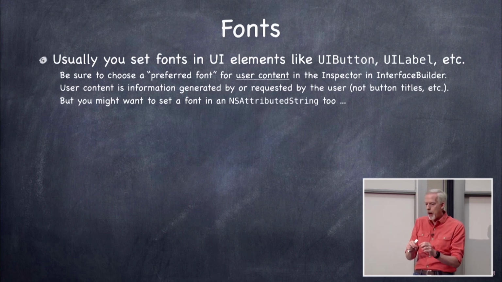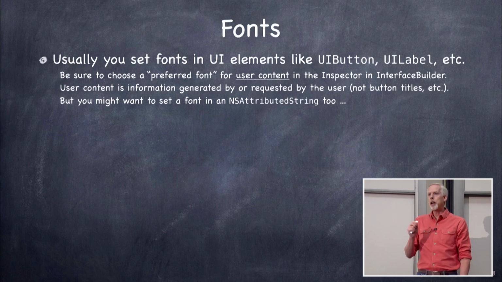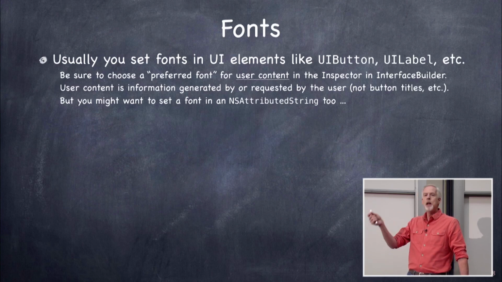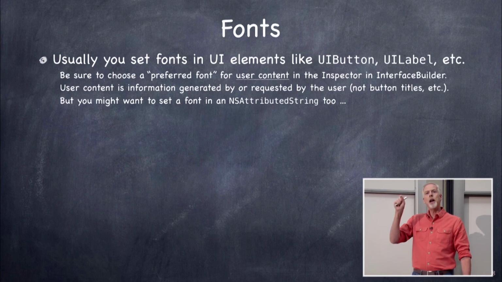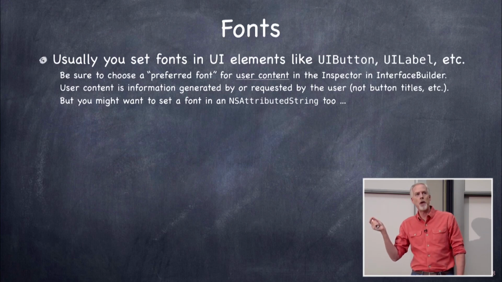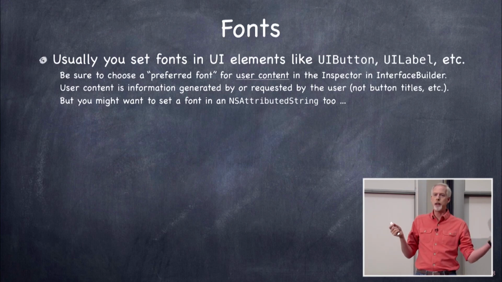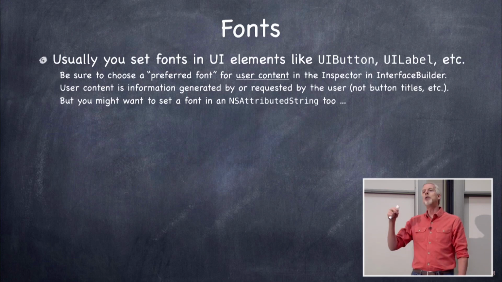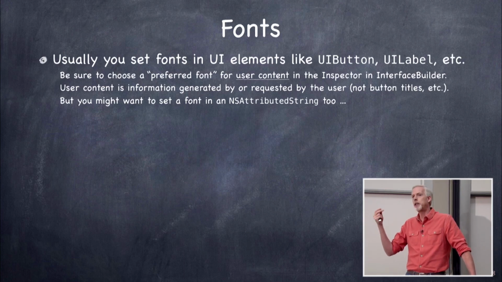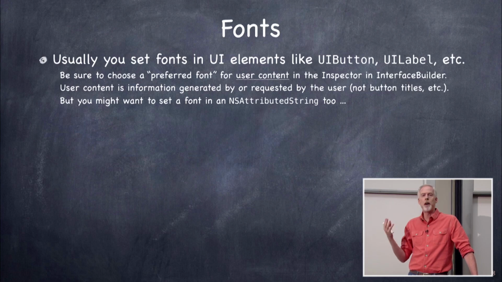If it's a little caption of an image, you're going to use the caption font. Now, this is really easy to do in Interface Builder. You just pick your label or button or text field or whatever you're doing, and you go to the inspector, and where it says font, instead of choosing system font, which is what we've always chosen because I hadn't talked to you about preferred fonts, you choose one of these things: body font, caption font, footnote font, etc.